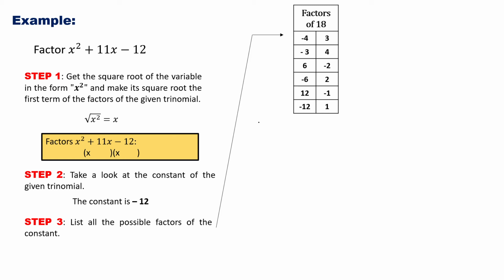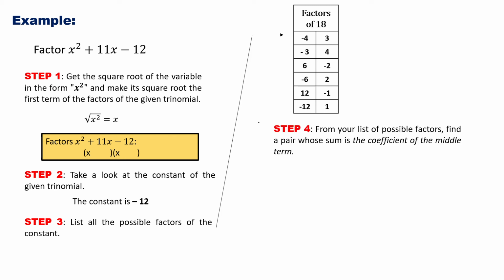Now, tignan natin ngayon kung saan dyan yung pag-in-add natin yung dalawang factor, ang result is 11x. As you can observe, ang factors na 12 and negative 1 ay ang factors ng negative 12 na kung saan pag kinombine natin, the answer is 11.